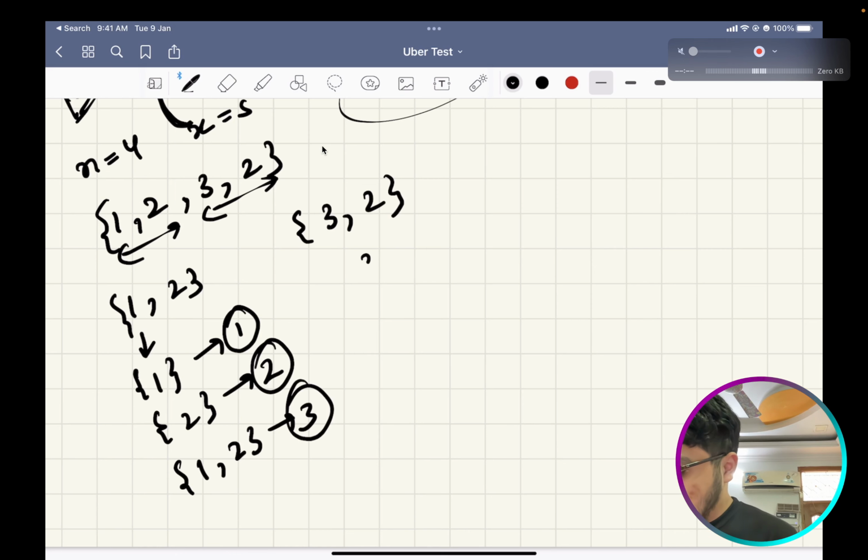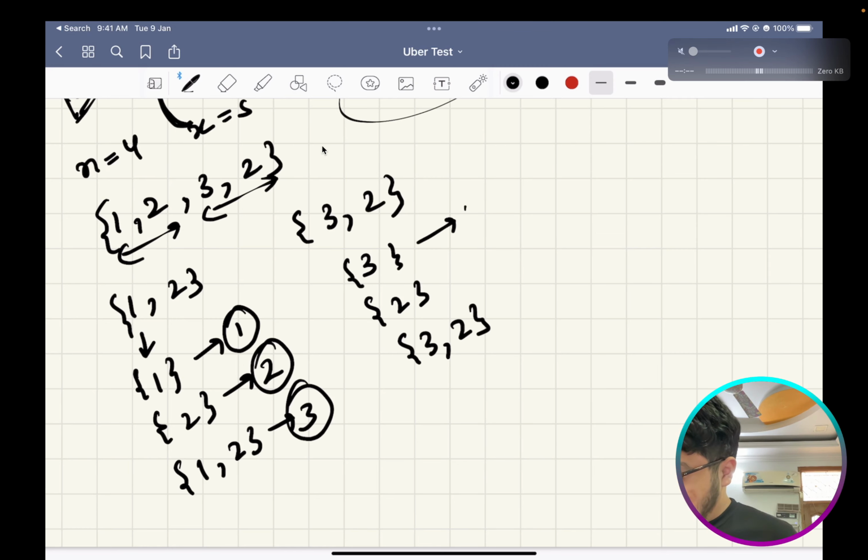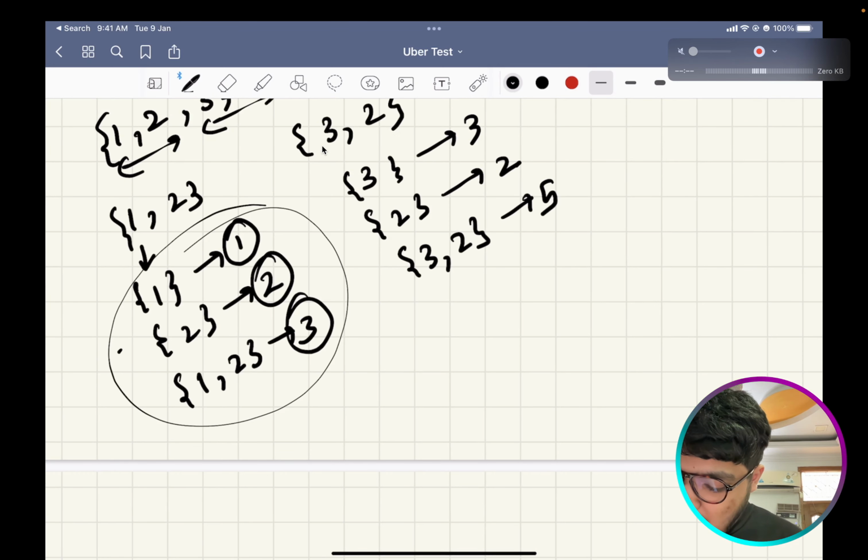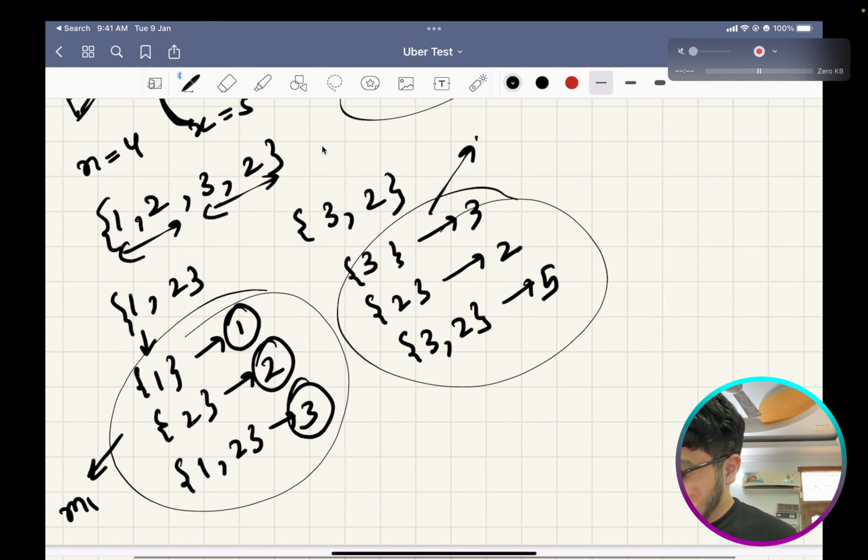Similarly for the second part, the possible subset sums would be 0, 3, 2 and 5. So this would be in, let's say, m1 map, and this would be in m2 map.